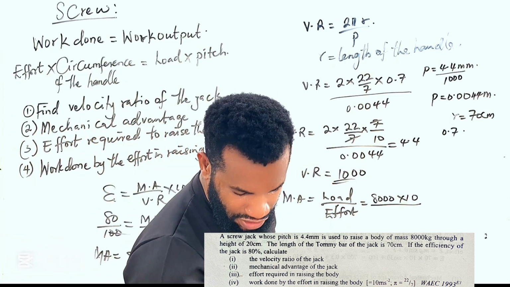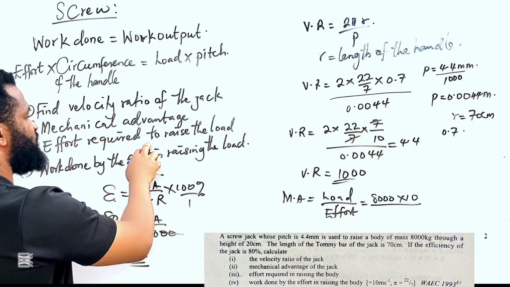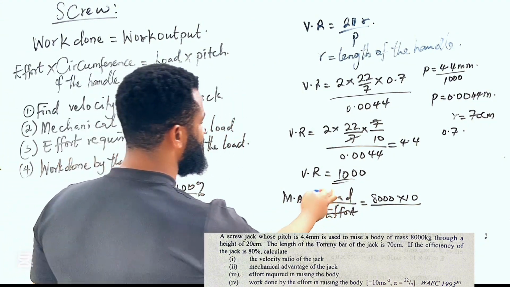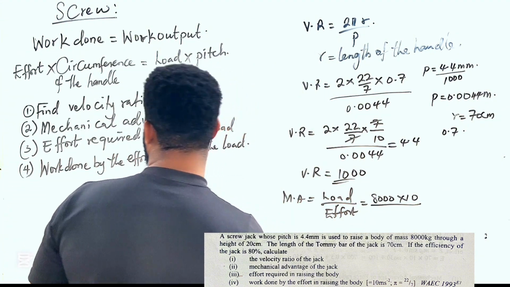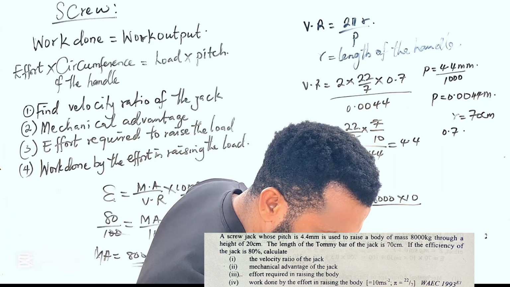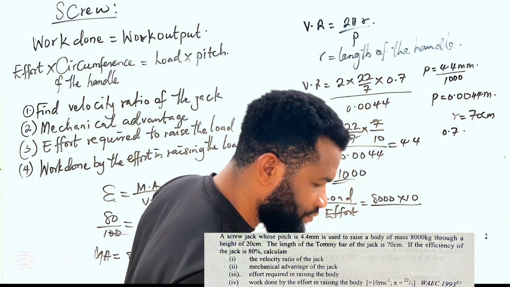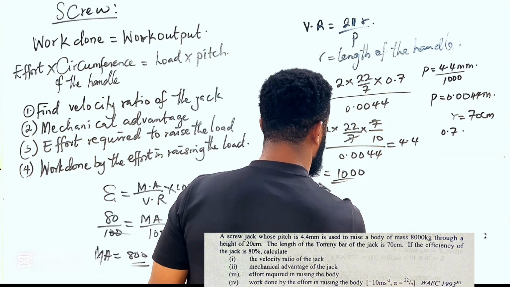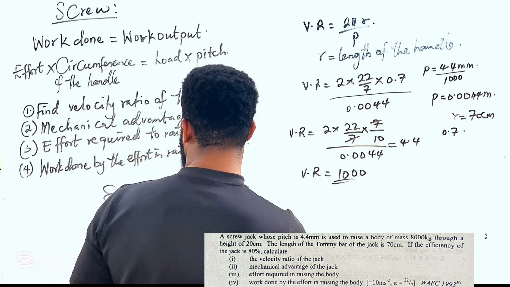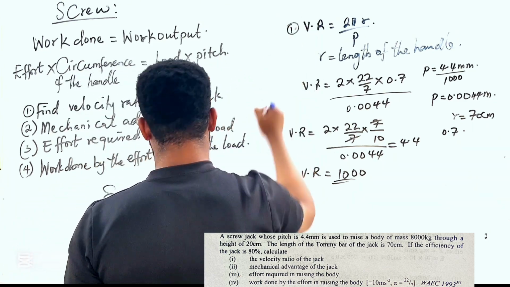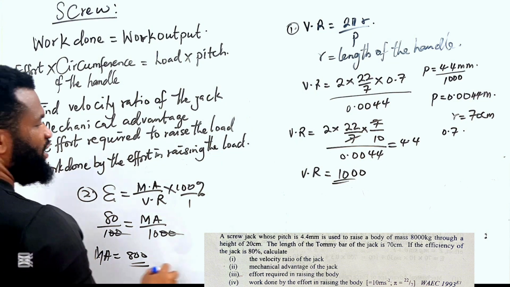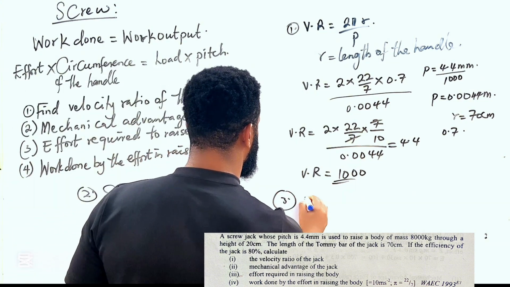Okay. So the next question is effort required to raise the load. Now I have mechanical advantage, I have load, I can find effort. So let me clean up. This is number 1, this is number 2, and number 3 here is effort.